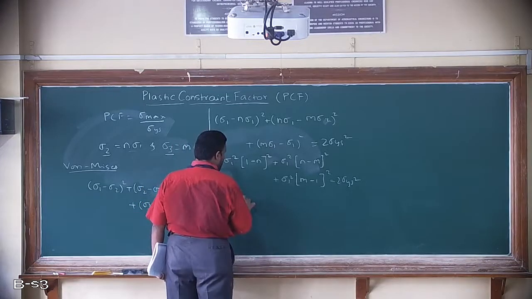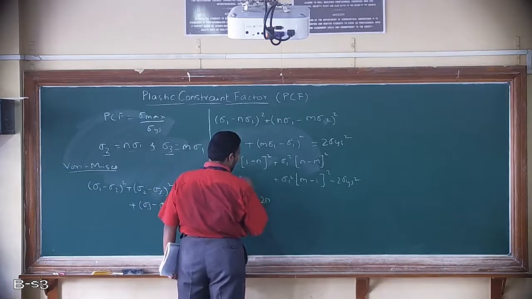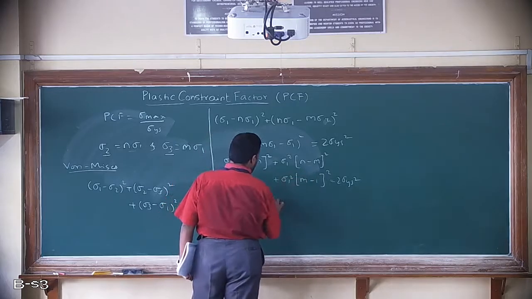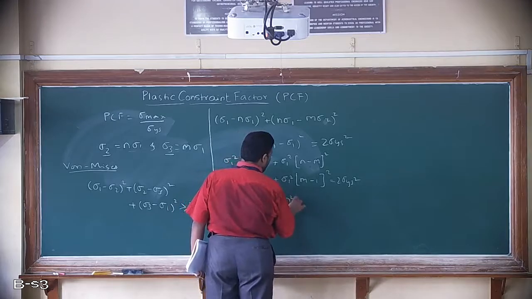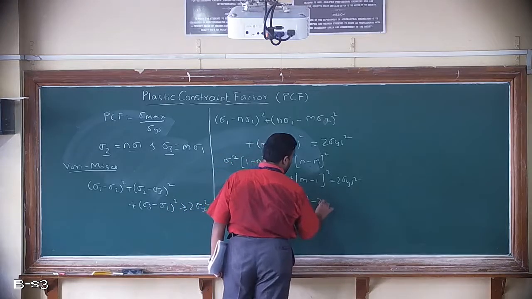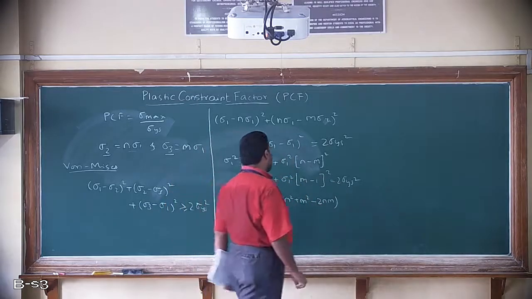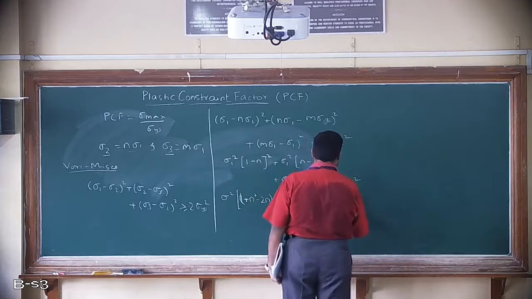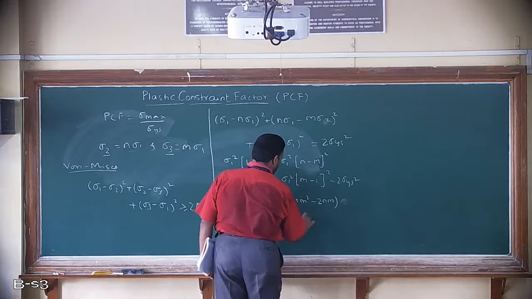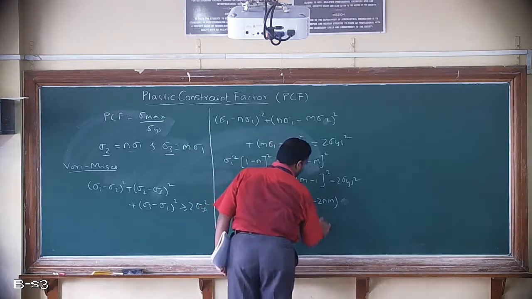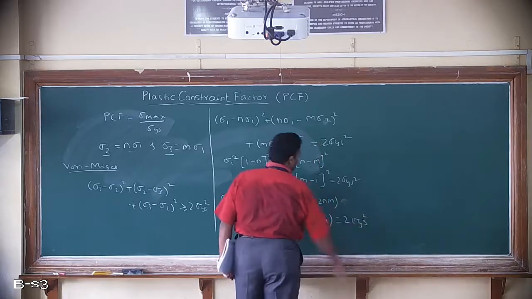We have a square plus b square, that is 1 plus n square, minus 2ab, that is 2n. For the next it will be n square plus m square minus 2nm. I am putting them in small brackets so that simplification becomes easy. Plus m square plus 1 minus 2m is equal to 2 sigma ys square. Clear?